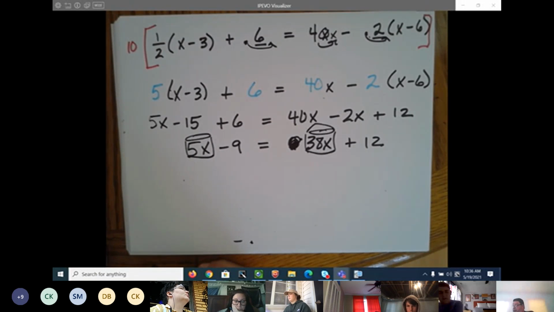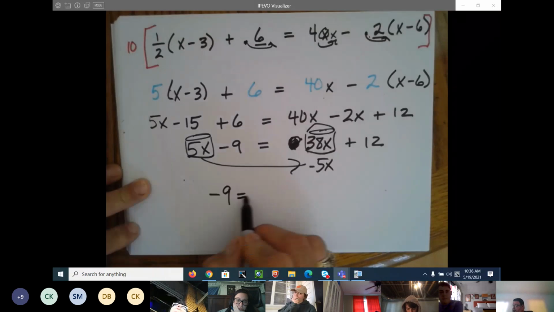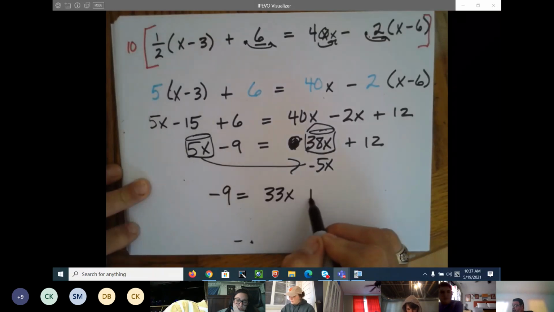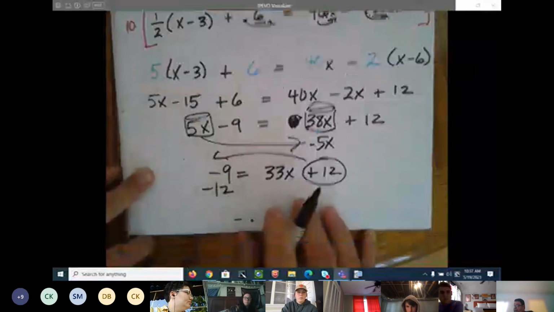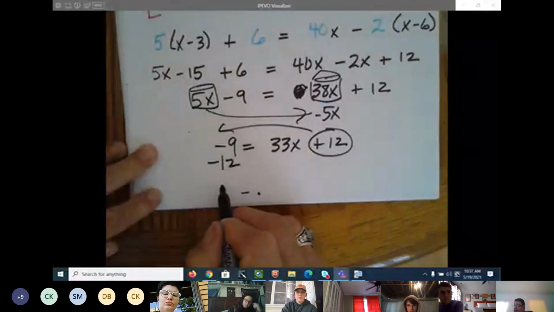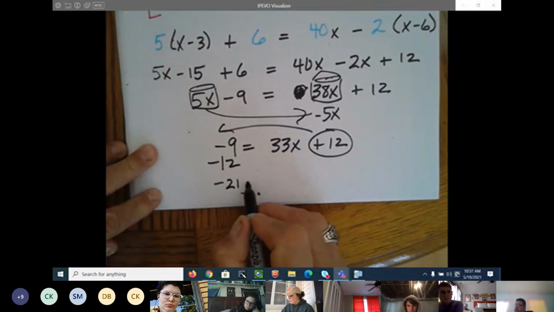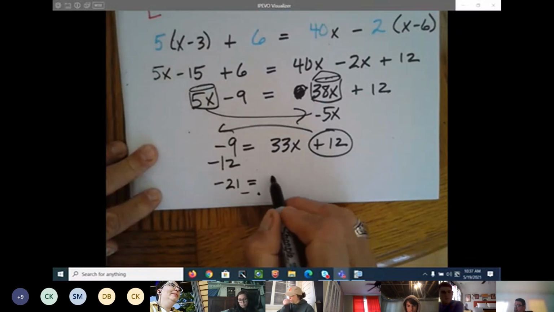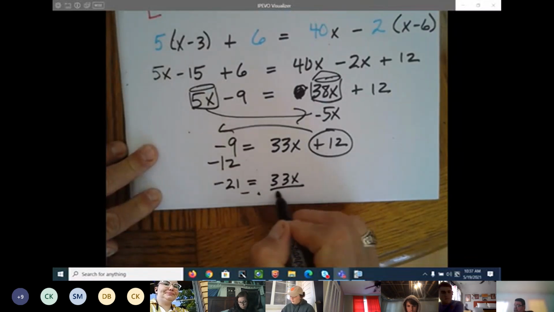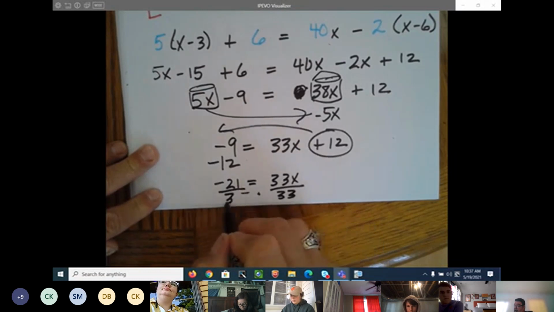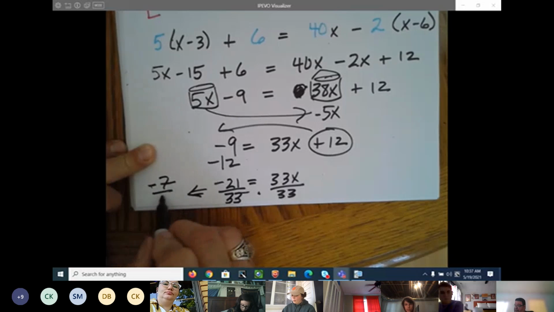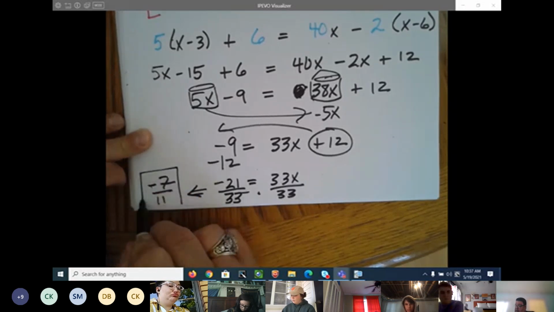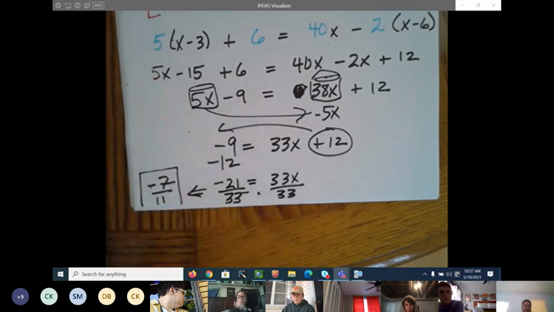I'm going to take it across the river. So negative 9 is equal to 33x plus 12. Subtract 12, that's negative 21 is equal to 33x. Divide by 33, and that's going to give us x equals negative 7 over 11. Somebody check me.